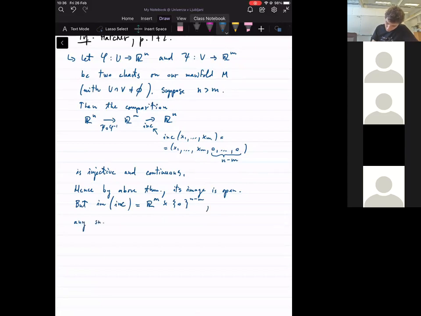Any subset of which cannot contain an open Euclidean ball, an n-ball.